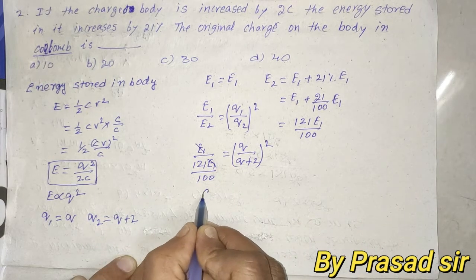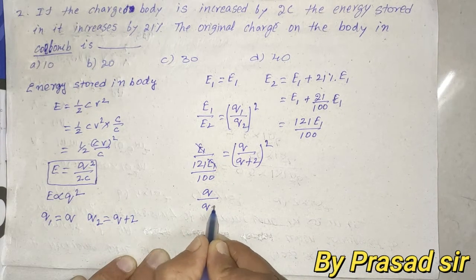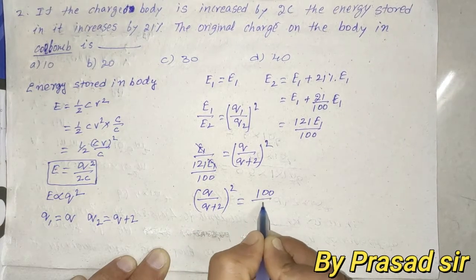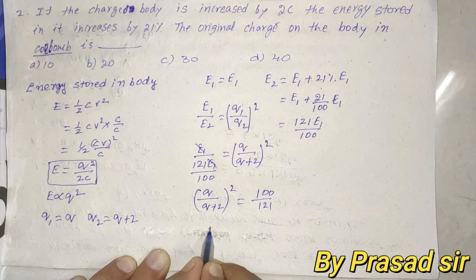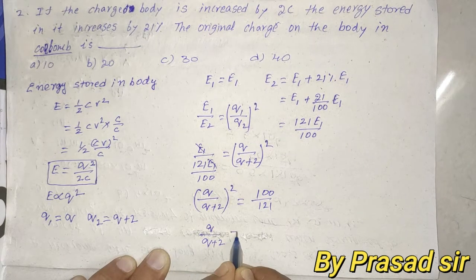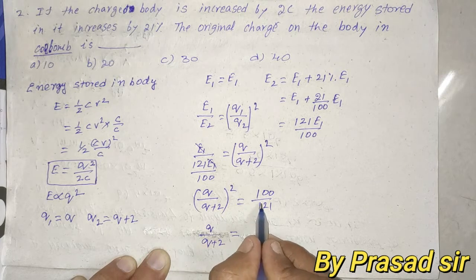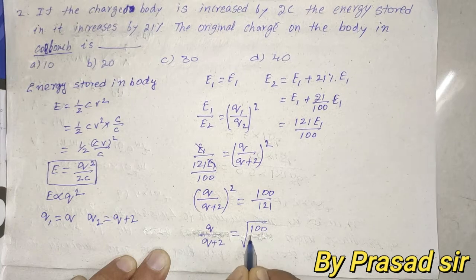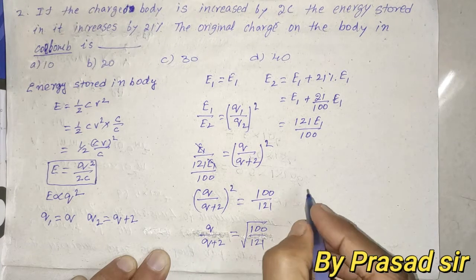E1 cancels, so Q divided by Q plus 2 whole square is equal to 100 divided by 121. That is, Q divided by Q plus 2 is equal to square root of 100 divided by 121.